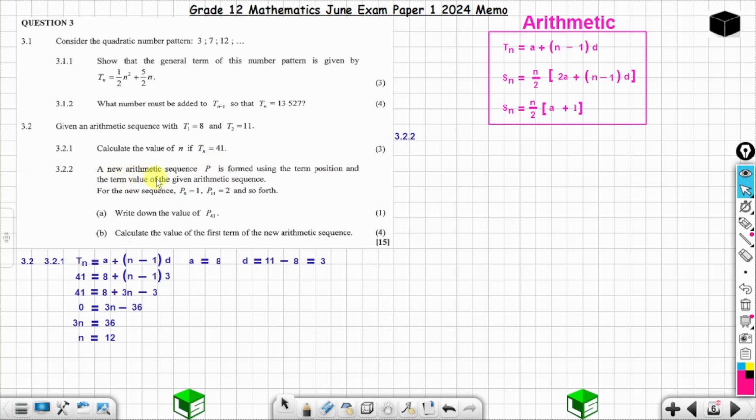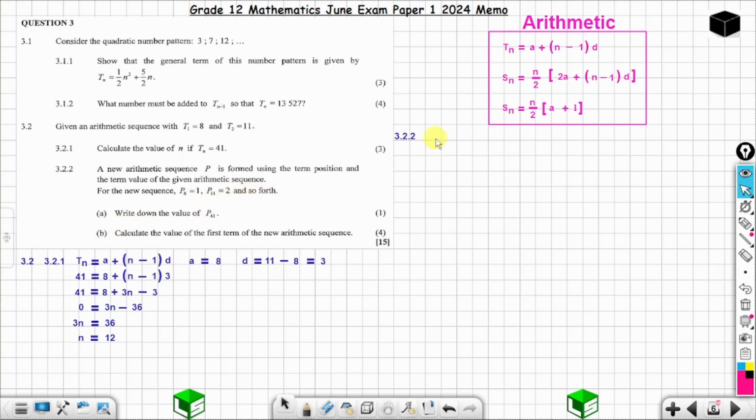A new arithmetic sequence P is formed using the term position and the term value of the given arithmetic sequence. They are using the given arithmetic sequence to form a new arithmetic sequence which is called P. For the new sequence, P8 is equal to 1, P11 is equal to 2, and so forth.